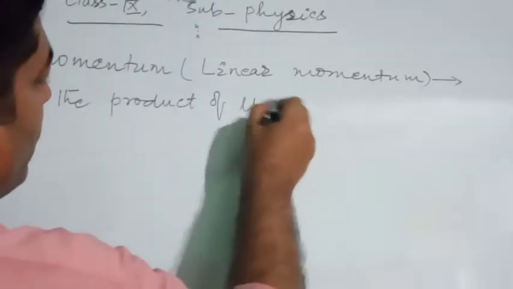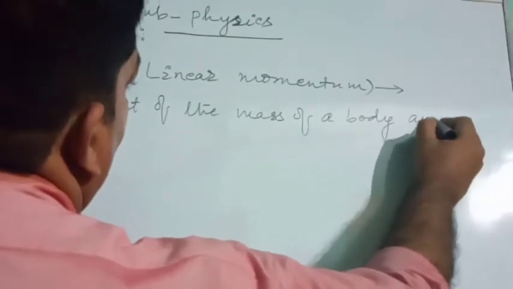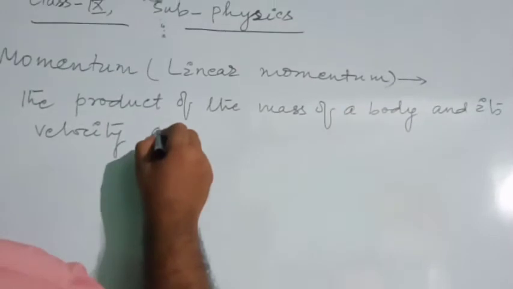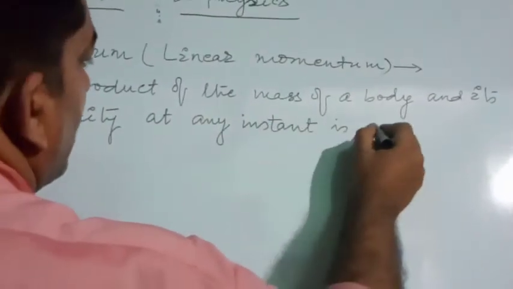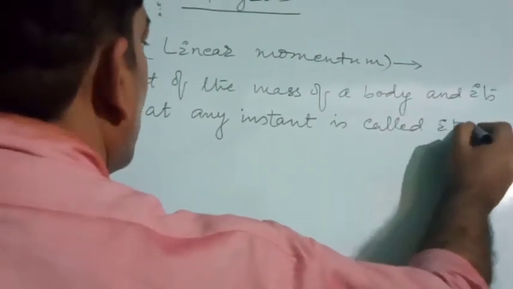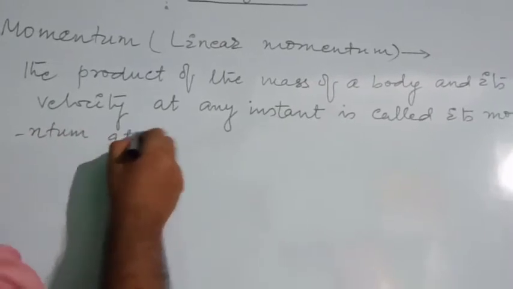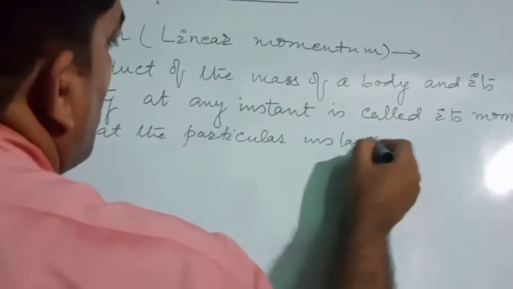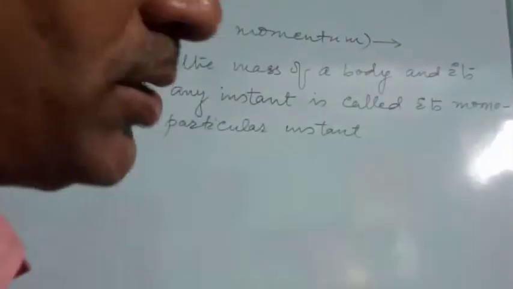The product of the mass of a body and its velocity at any instant is called its momentum at the particular instant.